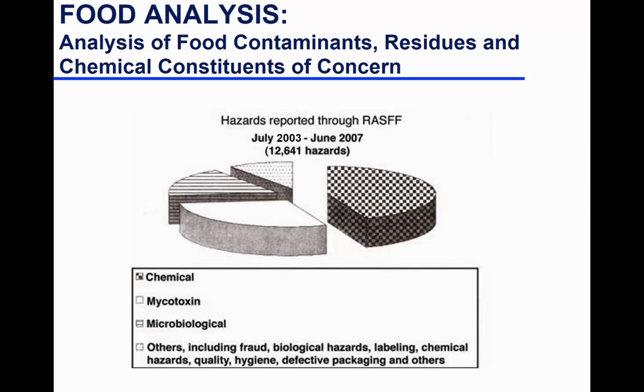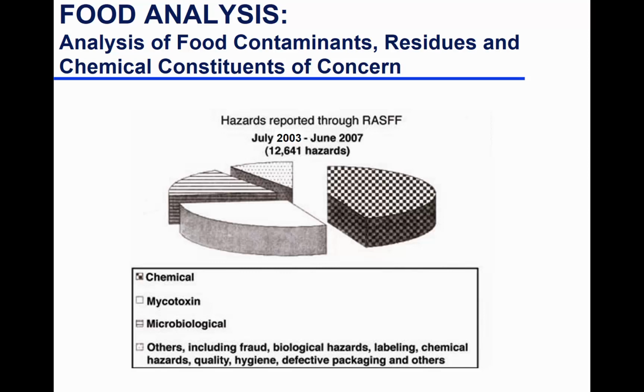So basically a lot of hazards have been reported, and this is just the period of 2003 to 2007, but in the book chapter there are newer numbers, but this is based on an older estimate of reports of hazards.